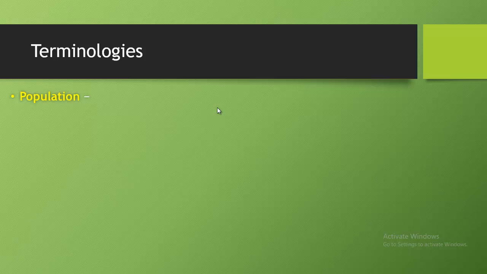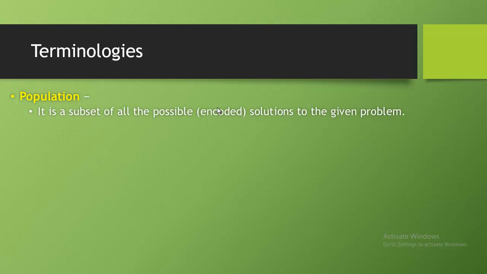The first one is population. It is a subset of all the possible or encoded solutions to the given problem. Whenever we are facing any problem, it is not necessary that only one solution is there. There may be many solutions available for the same problem.